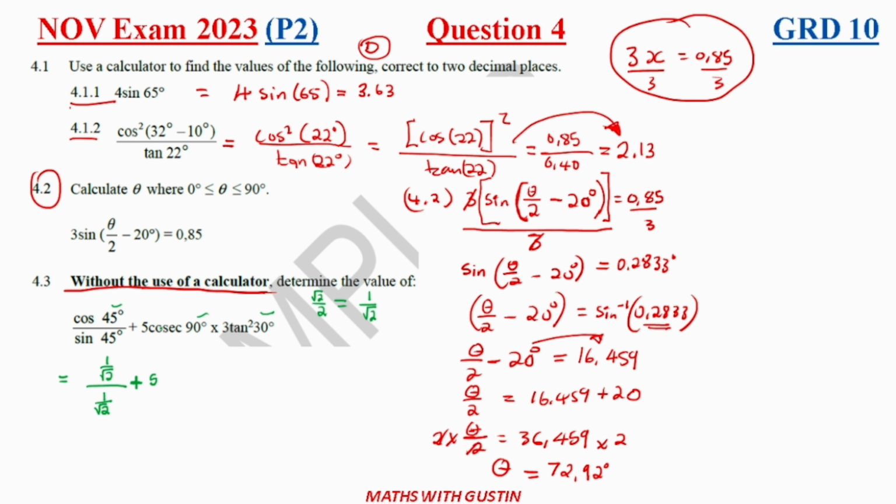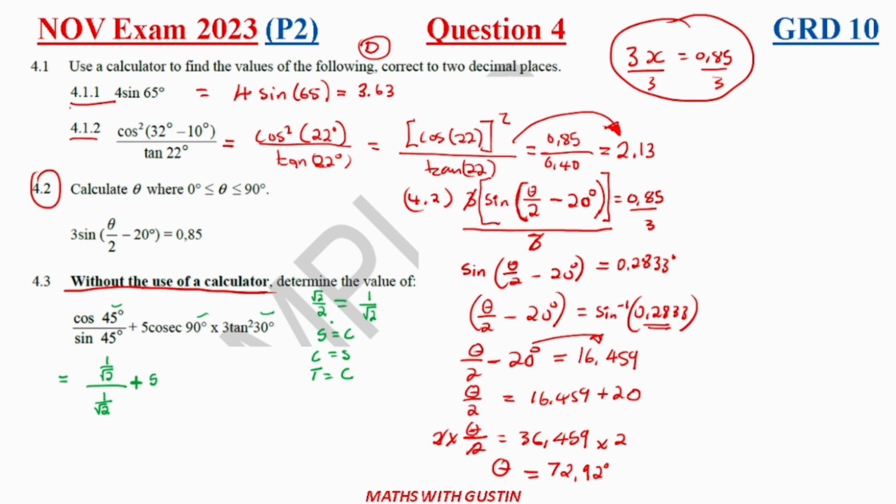This one here is cosec. In terms of the reciprocal ratios, I always say this to my learners: sine goes with cosec, cos goes with sec, and tan goes with cot.